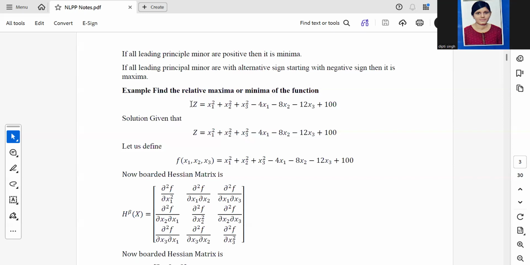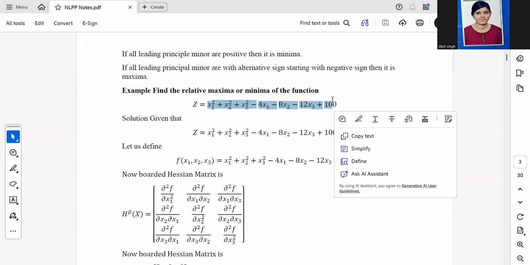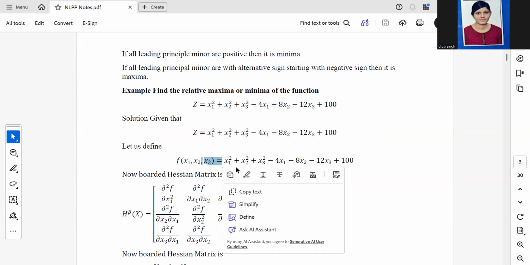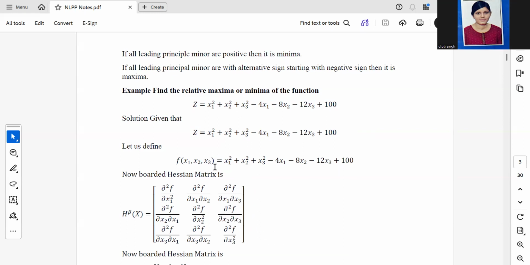So just calculate the bordered Hessian matrix, and you can see that there are only three decision variables, which are x1, x2, and x3. So we can write it as a function of x1, x2, and x3. Now we calculate the Hessian matrix.